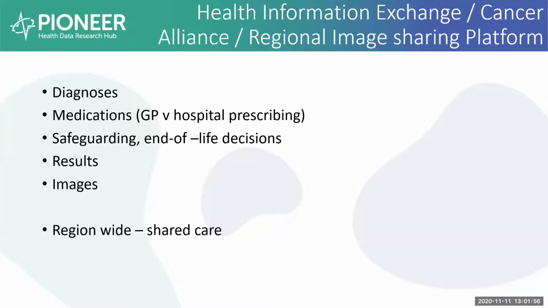So in the first instance, we will send diagnoses, medications, end-of-life decisions, results and images region-wide, so that really you can start to turn up in various different health settings and have your data provided there for you. These obviously require massive collaboration regionally across very many healthcare organisations. And once the regions are sorted out, then of course we can start to join the regions and have a proper national sharing platform. Next slide, please.